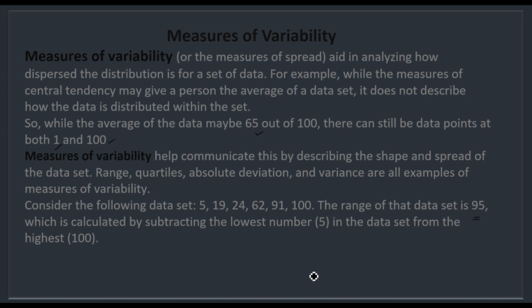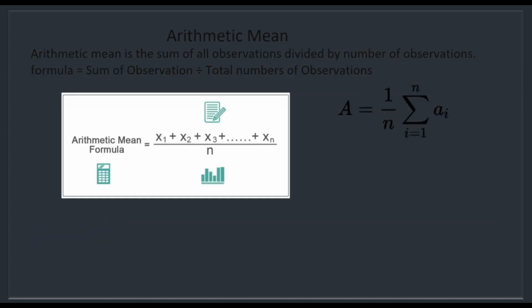How do we calculate the range? It is the highest value, which is 100, minus the lowest value, 5, so 95. When we get a range like 95, we can easily assume that there is a high value like 95 or above and also a very low value like 5, because out of 100 we get a range of 95. That is one example of calculating measures of variability.